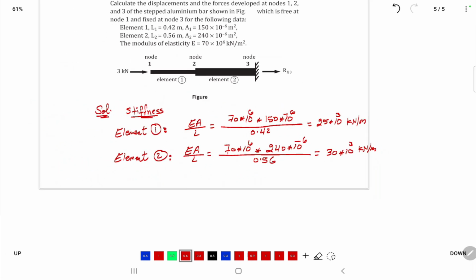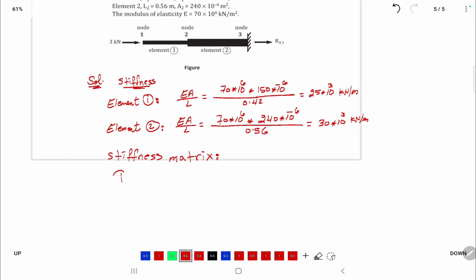So now the stiffness matrix for element 1.